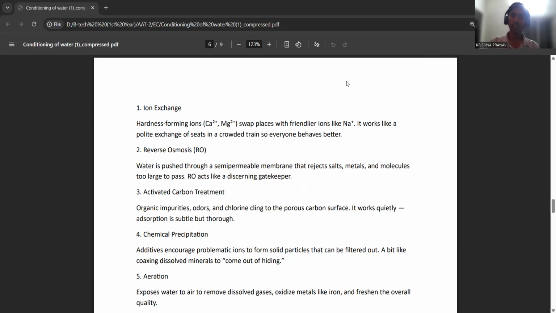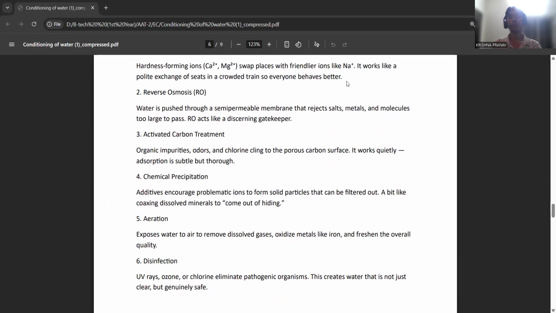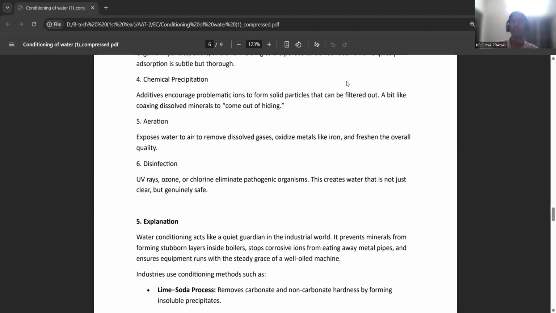Aeration exposes water to air to remove dissolved gases, oxidize metals like iron, and freshen the overall quality. Disinfection: UV rays, ozone, or chlorine eliminate pathogenic organisms. This creates water that is not just clear but genuinely safe.